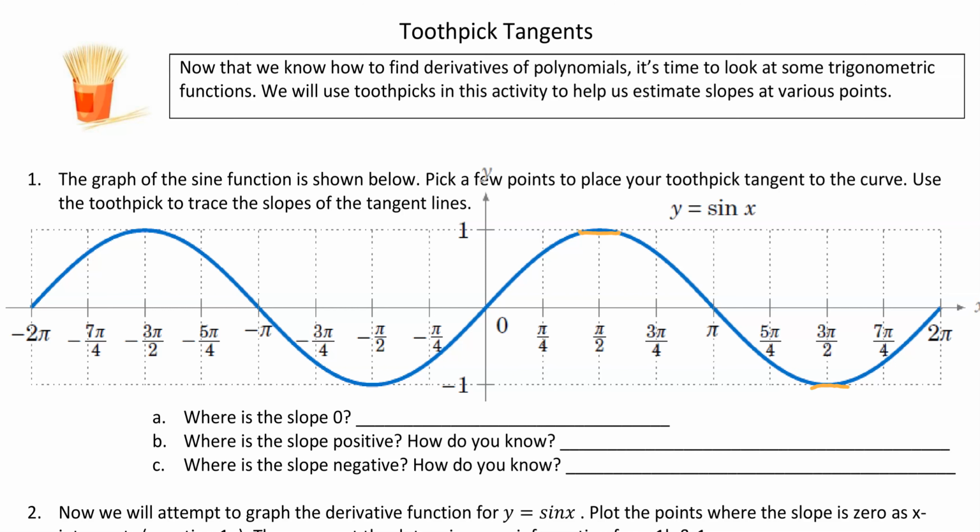Oh, yep. So the troughs and the bells. Okay, so that's going to be what? Negative 3 pi over 2, negative pi over 2, pi over 2, and 3 pi over 2.